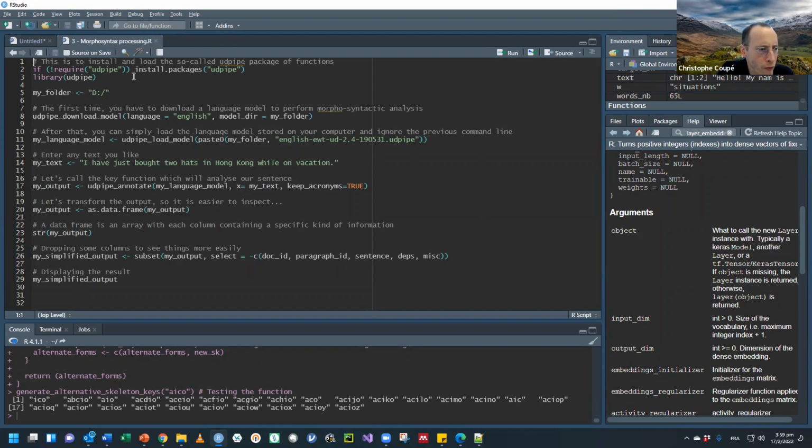So we will use some functions in a package called UDpipe. It's very powerful, it's really nice, it's based on deep learning, but you don't have to worry about that. It works very well.